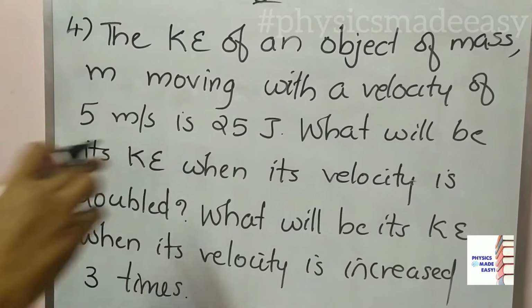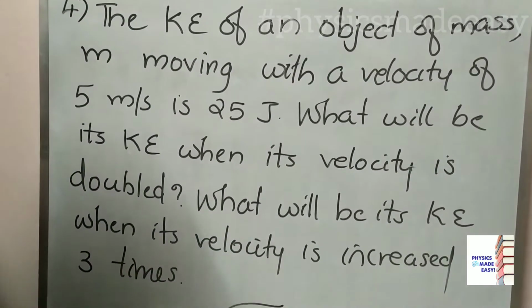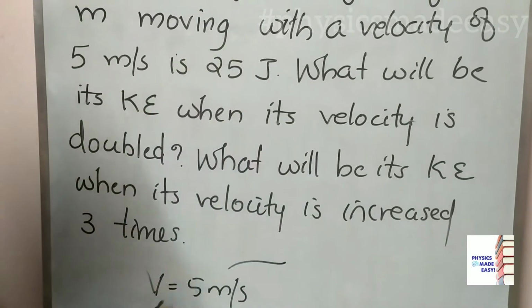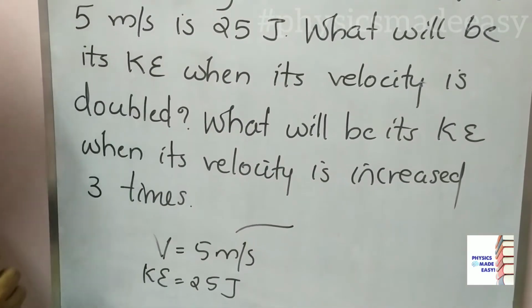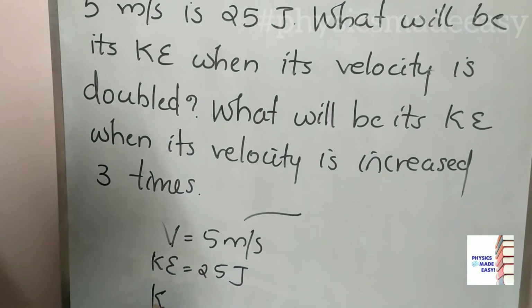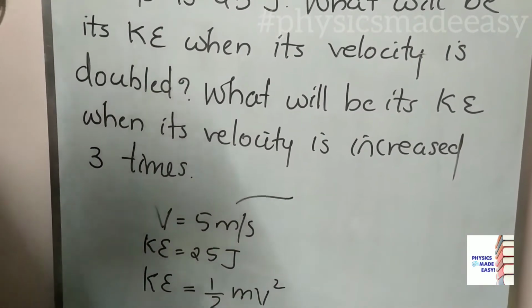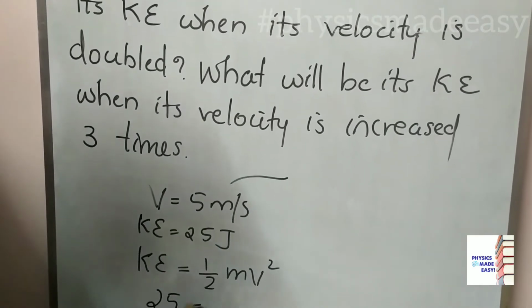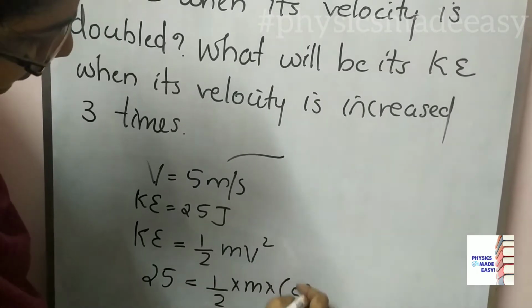First one, here it is given that velocity is equal to 5 meter per second and the kinetic energy is equal to 25 joule. From this you can write kinetic energy is equal to half mv square. So 25 is equal to half into m into velocity square, 5 the whole square.